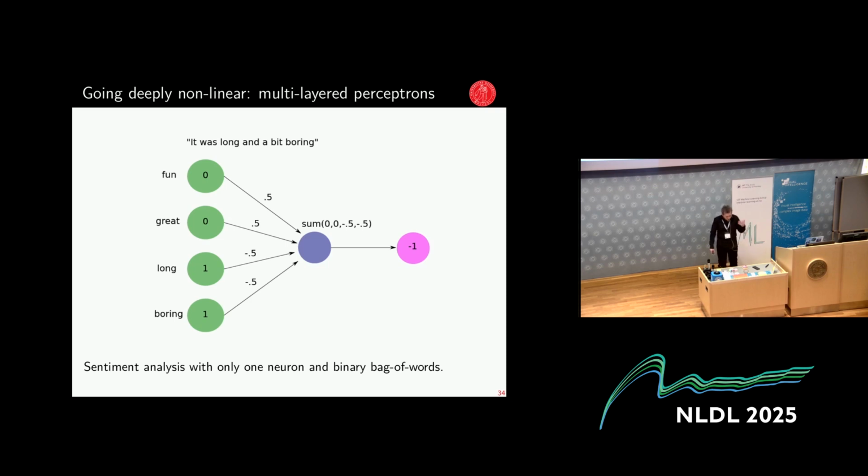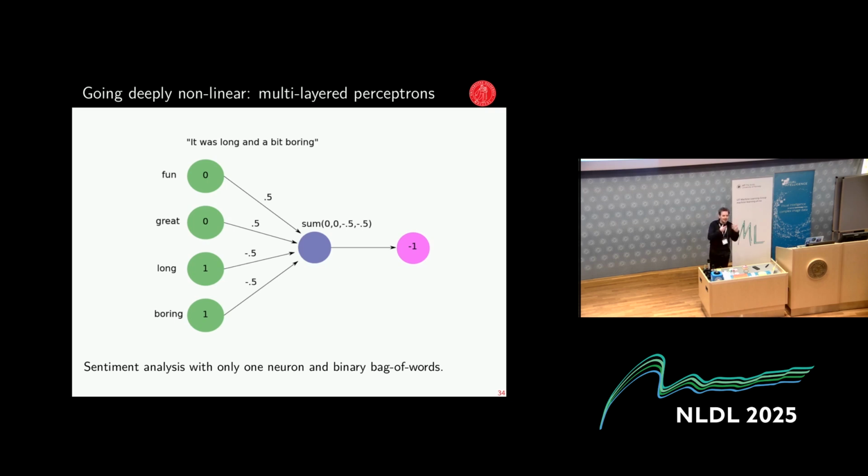So if a sentence contains such a word, then the corresponding feature has the value of 1. If it doesn't, then the corresponding feature has a value of 0, right? And we have a weight matrix. So in this case, you can see that the weights in the matrix W are 0.5, 0.5, minus 0.5, minus 0.5.